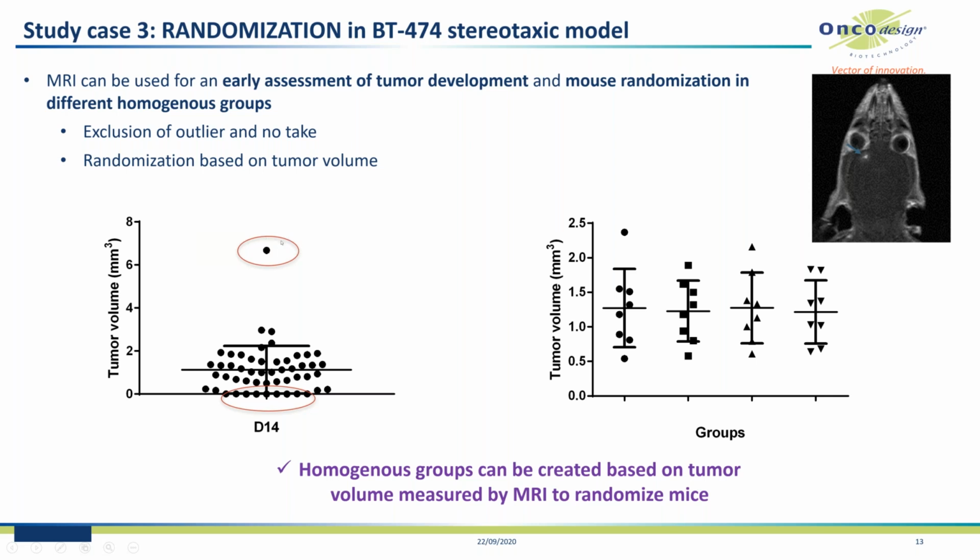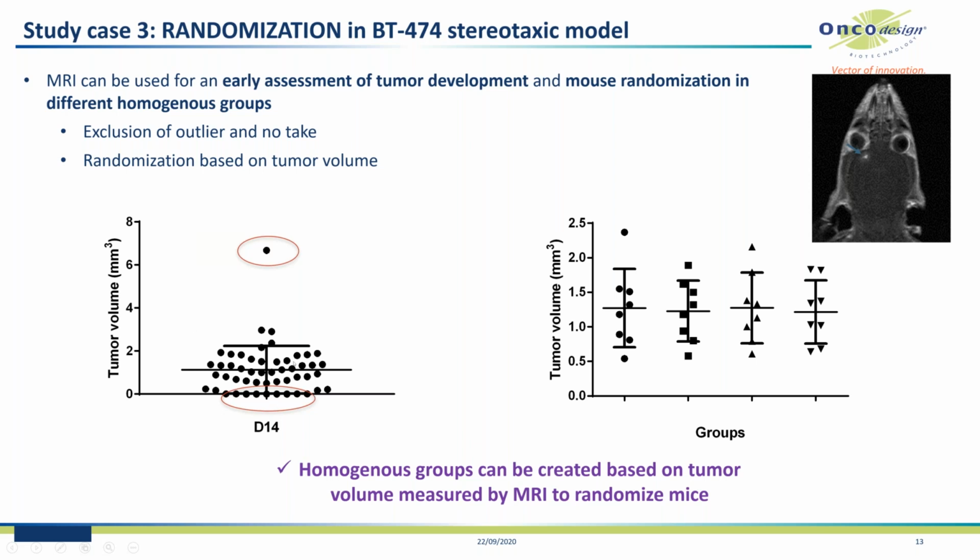For example, this mouse with a higher tumor volume at this time, that has a development that was different from other mice, and some mice where no tumor was detected at this time point.